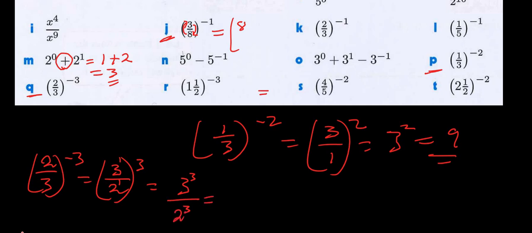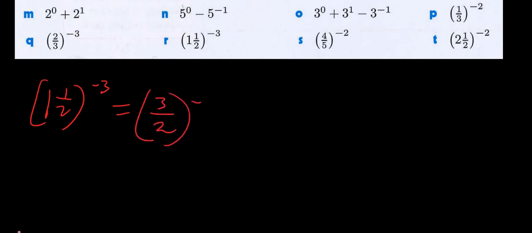This will become 27 over 8. You can leave your answer at this point, but if you want to change it to a mixed fraction, this will become 3 whole number 3 over 8. That is the answer to this question. I hope it makes some sense. Okay, let's move on to the next one.